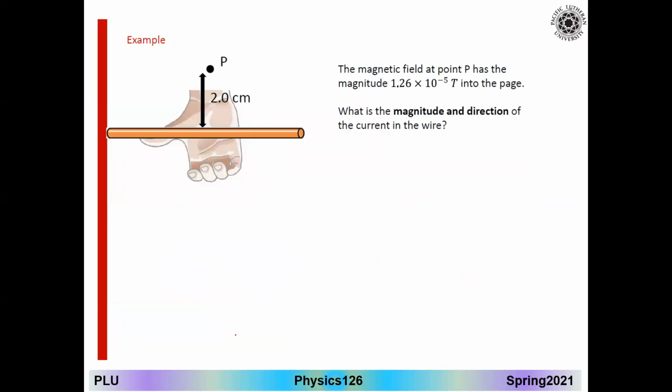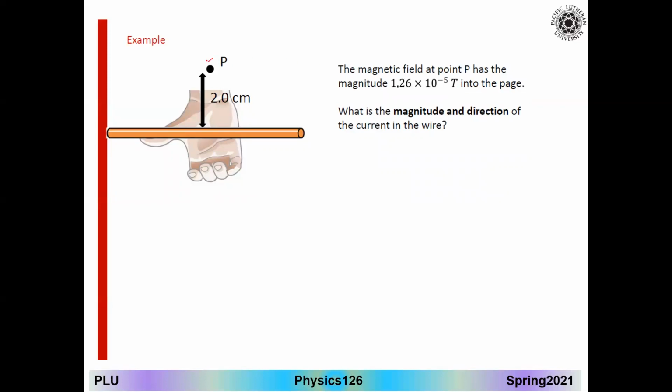Let's see an example of how to calculate the magnetic field value. Here we have the magnetic field at the point P, which is into the page.